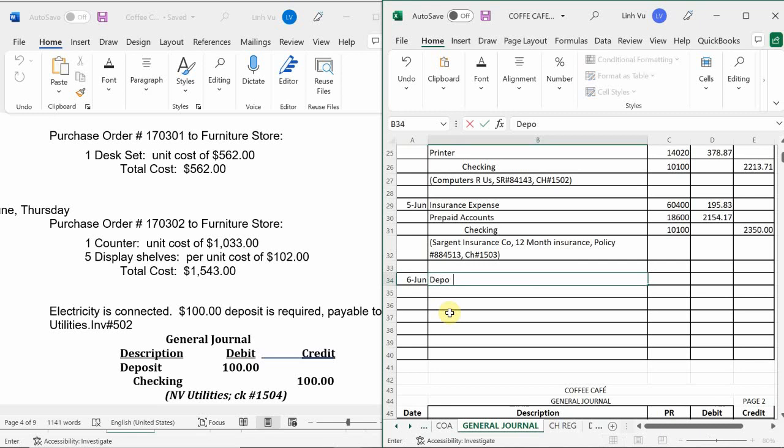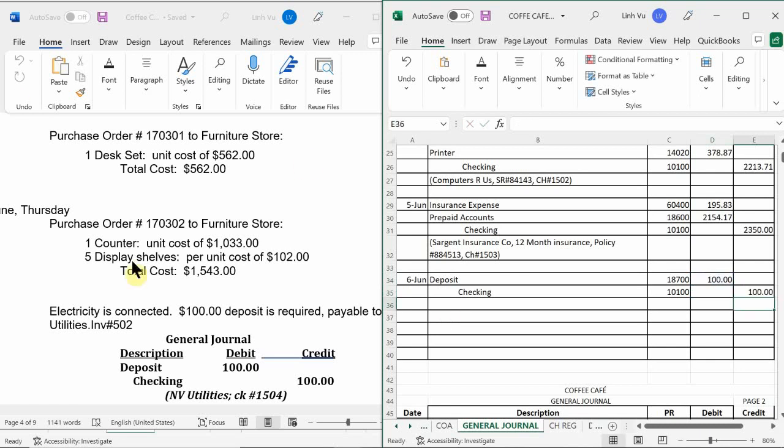Because do you have cash on you? No. So you're going to be writing a check out. And it even says right here, you're going to write a check, make it payable to NV Utilities. Okay, so 18,700 and 10,100. How much are you going to pay? $100.